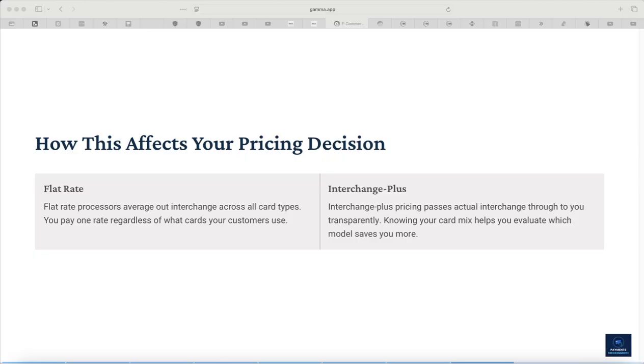But on a premium rewards card where interchange is already at 2.3, 2.4%, that spread narrows. The processor wins on average across your entire volume. On Interchange Plus pricing, in contrast, that spread disappears. You pay actual interchange as a pass-through cost plus a fixed, transparent processor margin. The variability is yours to see, and the savings on lower cost transactions are yours to keep.